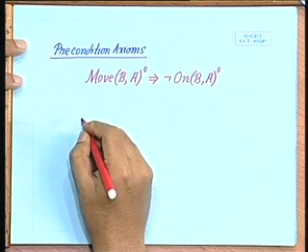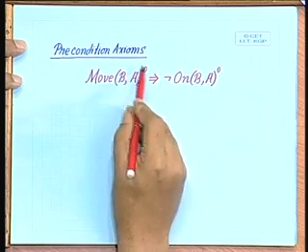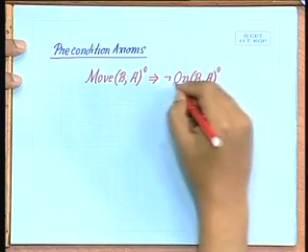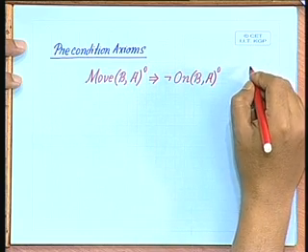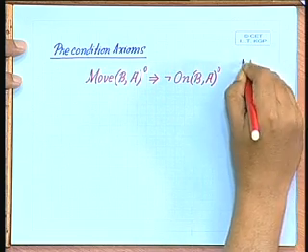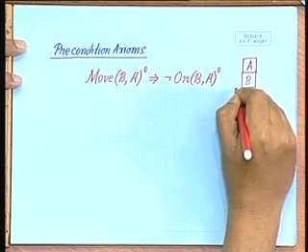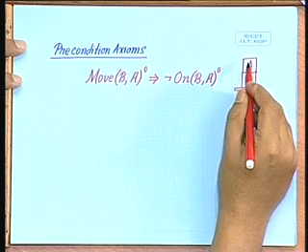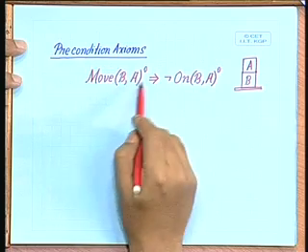Suppose you want to move B on top of A. This action can be true only provided that on B A is not true. What does on B A mean? That we have A on top of B. If this is true, then obviously you cannot move B on top of A. So, this is a precondition of the action.